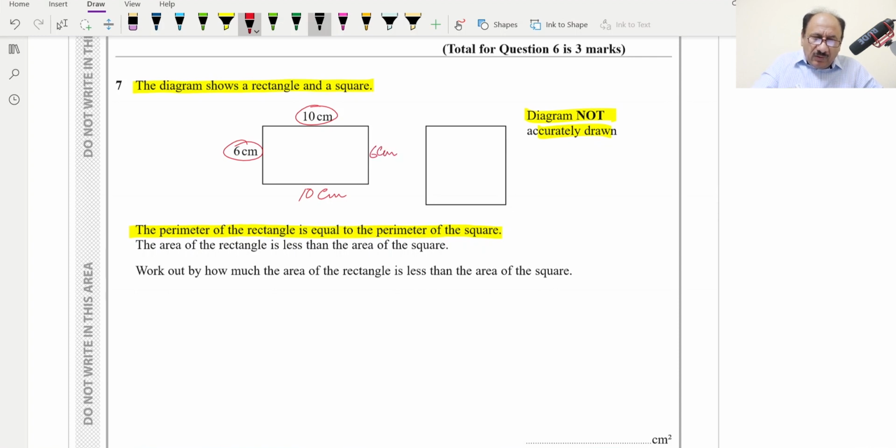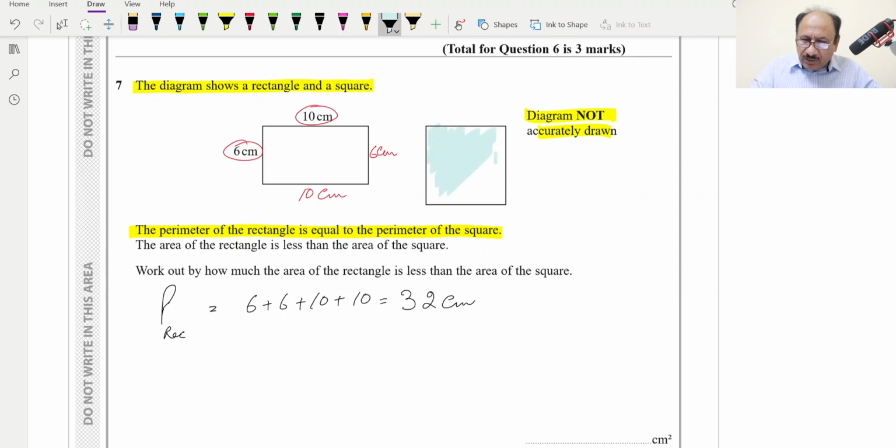So perimeter of rectangle will be equal to 6 plus 6 plus 10 plus 10, and this will be equal to 32 centimeters.